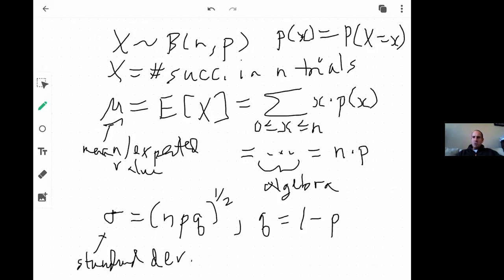For instance, if I computed the mean for a die roll, the outcomes are 1, 2, 3, 4, 5, and 6. The probability of any one of those outcomes is a sixth. So if I compute the expected value of a die roll, you're going to end up with 3.5, which isn't even a possible outcome.